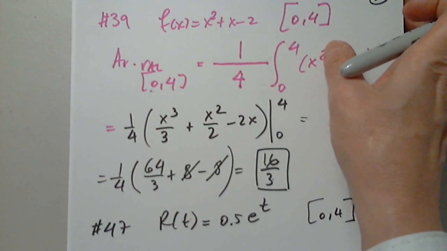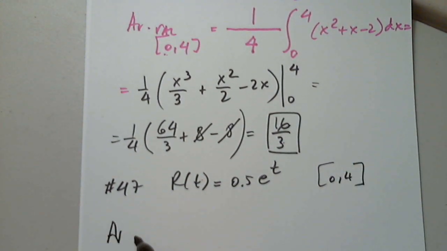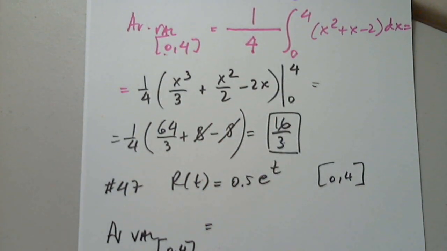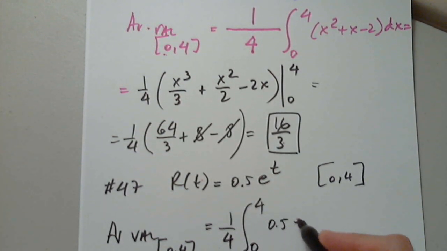How do I determine the average value here? Average value on 0, 4. I didn't mean to choose the same interval. So obviously I have 1 over 4 minus 0, and then the integral from 0 to 4 of 0.5 e to the t dt.